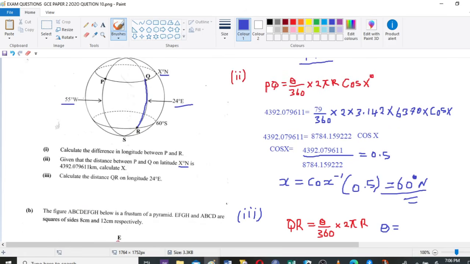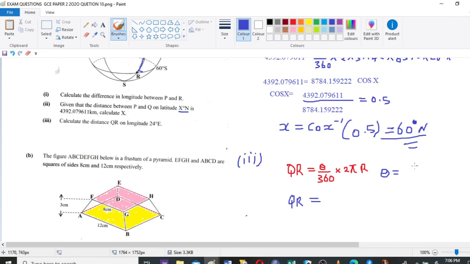When you look at where Q is lying, and where P and R are lying, they are on 60 degrees north and 60 degrees south, and that will give you the angle, your theta. Your theta will be 120 degrees.